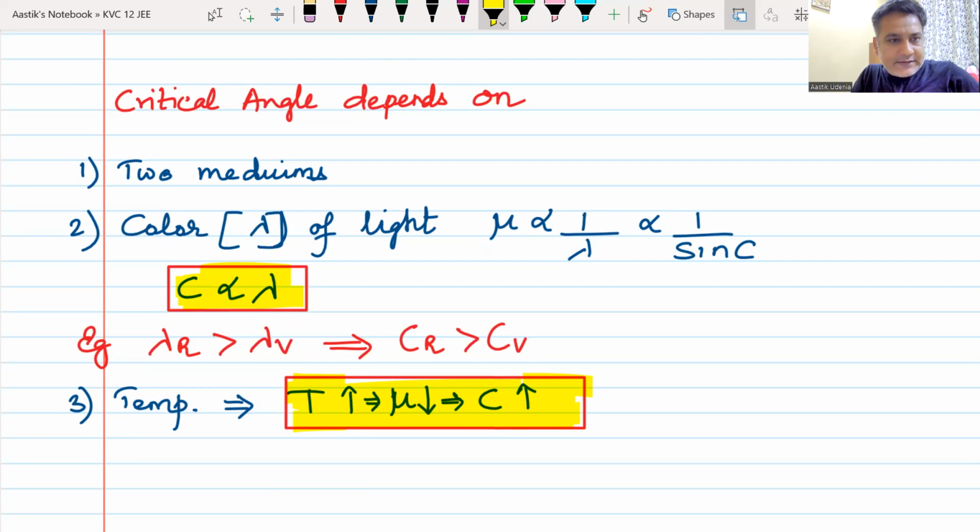Okay, let me see if I can get you a question on critical angle. Where is it? It is here, I think. Okay, so here is the question. Everyone has noted this down? Then comes a question which is based on the application of critical angle.